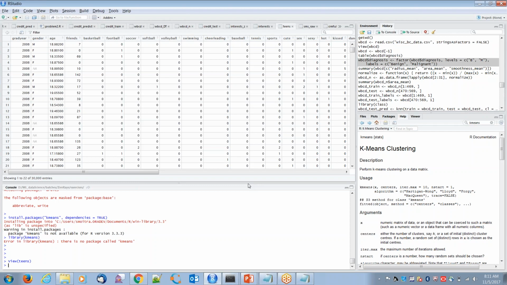Nike wants to launch some sports shoe for teenagers, and hence it wants to focus on teenagers.